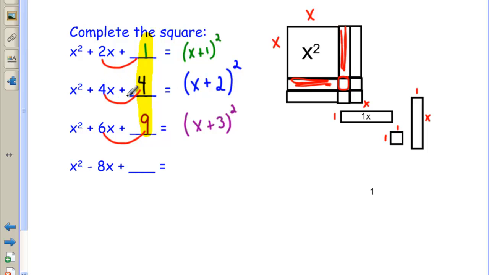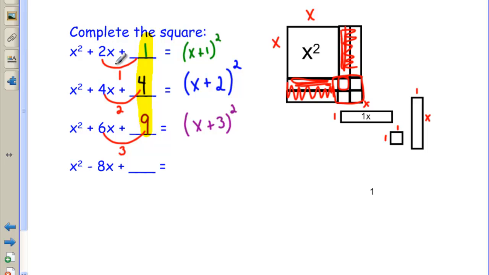When there were 4 x's, that made 2 on each side, making the missing part 2 by 2, or 4. If there are 6 missing, it means there are 3 on each side. 3 squared is 9. So what am I doing each time?